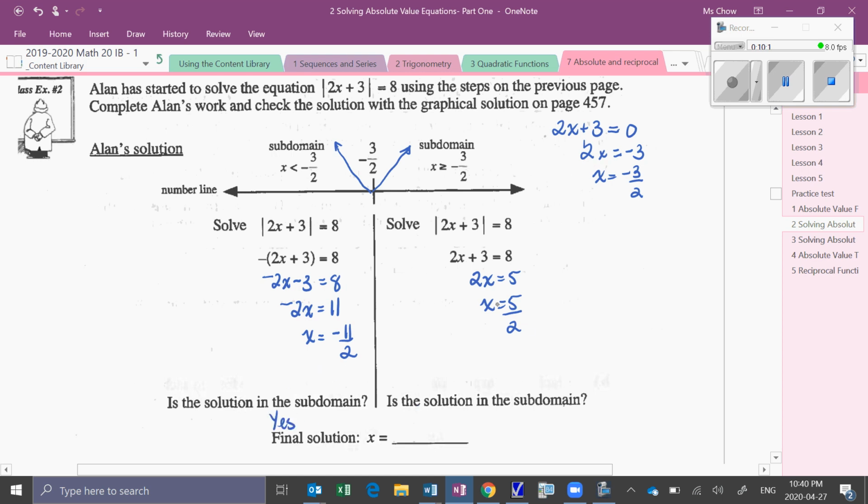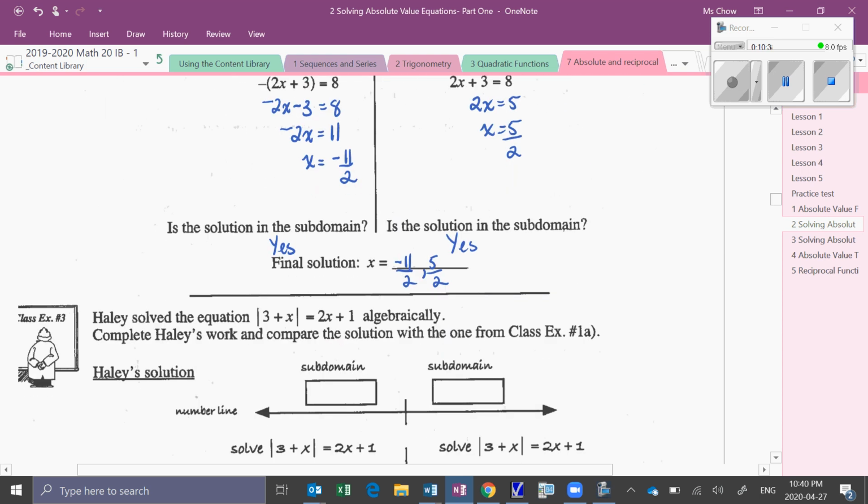It is, yes. For x equals 5 halves, is 5 halves greater than or equal to negative 3 halves? And the answer is also yes. And so we recognize that we've got two solutions. So the answer is x equals negative 11 halves and x is equal to 5 halves.